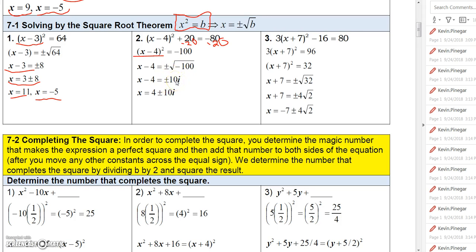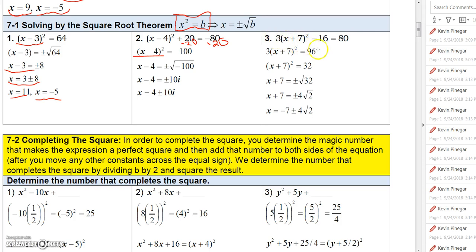And again, if you don't understand this because your course doesn't cover that, then just skip this problem. So anyway, that would be x minus 4 is equal to plus or minus 10i. And then you add 4 to both sides, and you get x equals 4 plus or minus 10i. So there's two answers here, 4 plus 10i and 4 minus 10i.